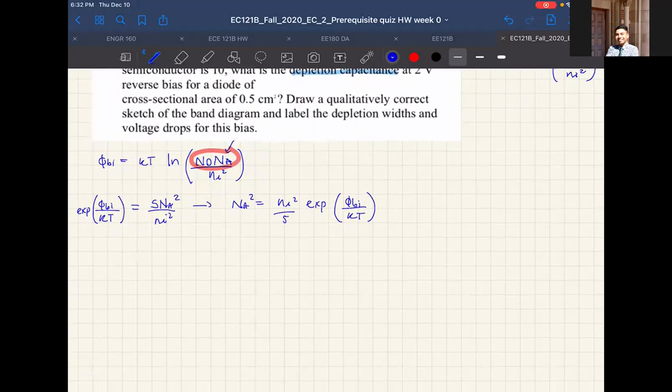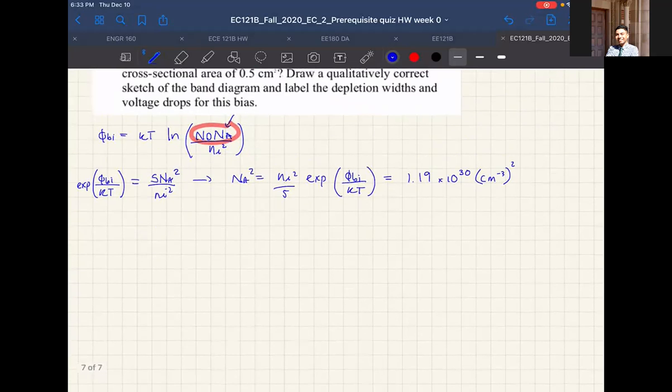Over 5. And then if you solve for, at least for me, I like to do things so as not to throw everything at once in the calculator in case I made a mistake. So the answer for this should be 1.19 times 10 to the 30 centimeters cubed squared.